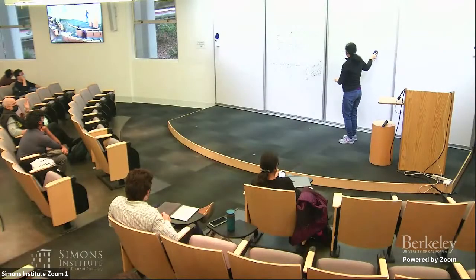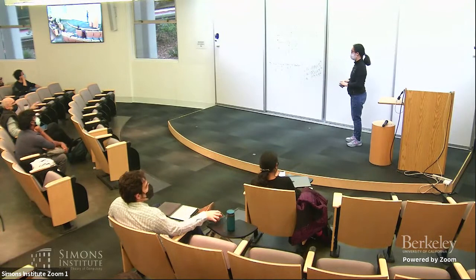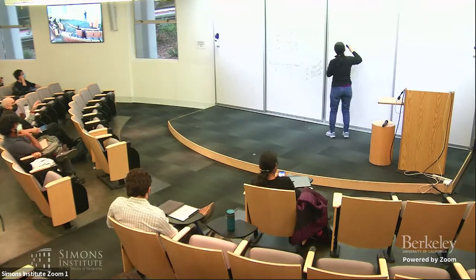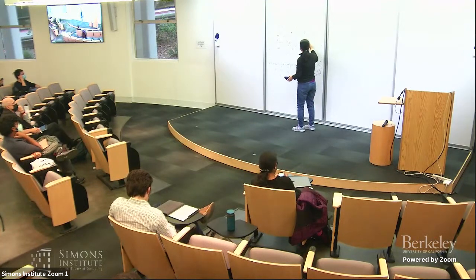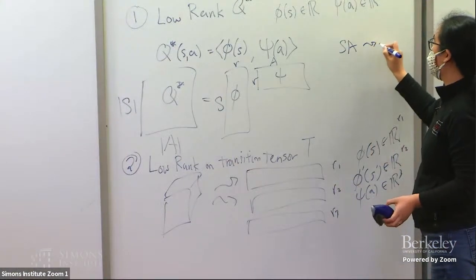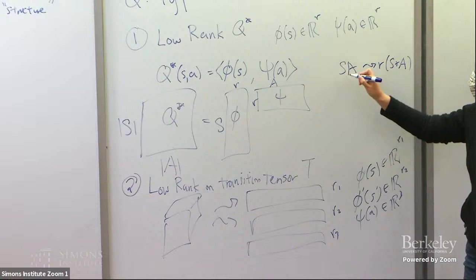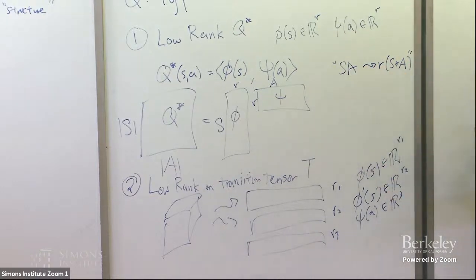Then you have the low rank Q star assumption, and you would want the sample complexity not to depend on S times A, but to depend on S plus A times R or something like that. So ideally, that's the trade-off. You want to go from something that looks like S times A to R times S plus A. That is the goal, I think, in terms of what you would hope for.